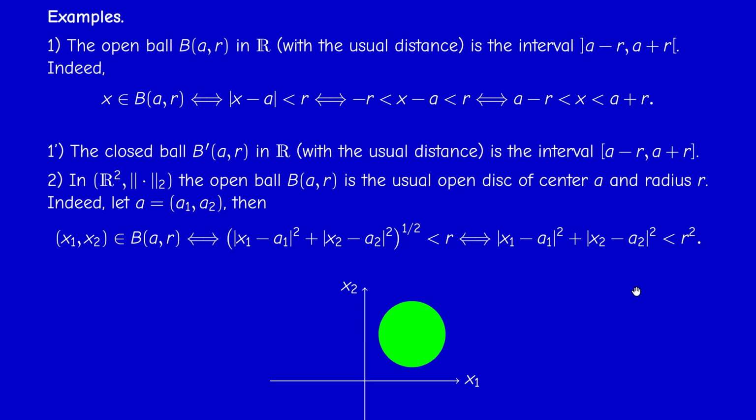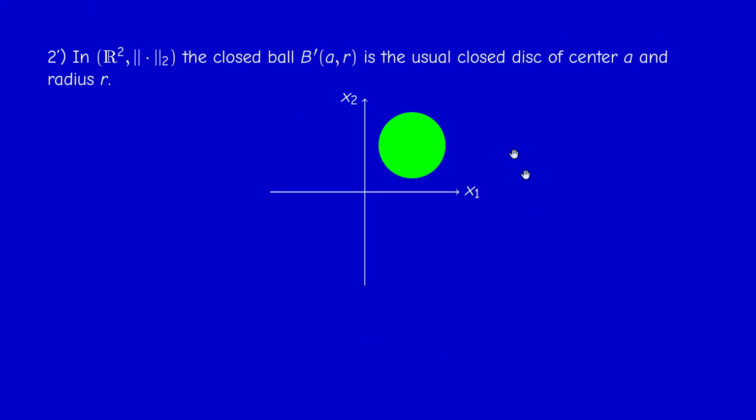So here a ball in R2 with respect to the Euclidean distance is just a disk. Here we distinguish between disk and circle, as you know, because the disk is what is inside, and the circle is just the boundary. And for the closed disk, same thing, but we include the boundary, we include the circle.